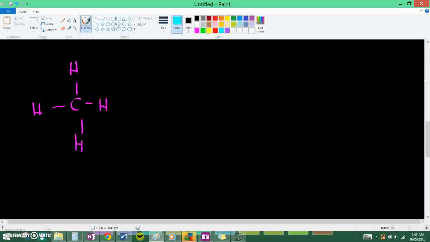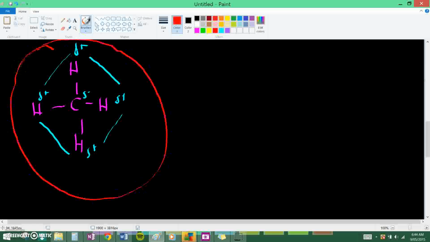Even if all of these have delta negatives and delta positives, because these all have equal forces upon each other, they just basically outweigh each other and cancel each other out, and thus the overall molecule is not polar, even though the individual bonds are.